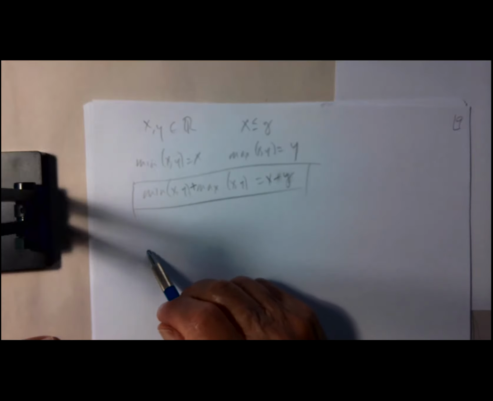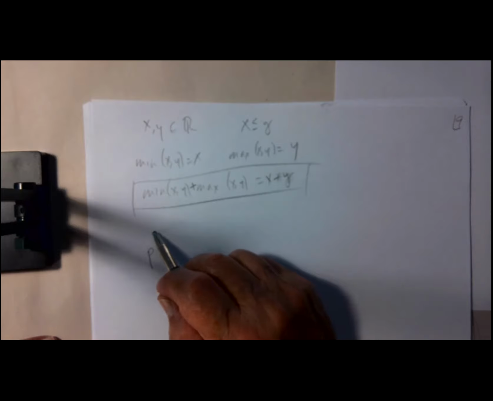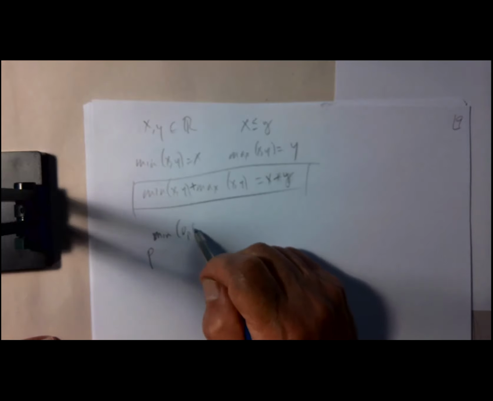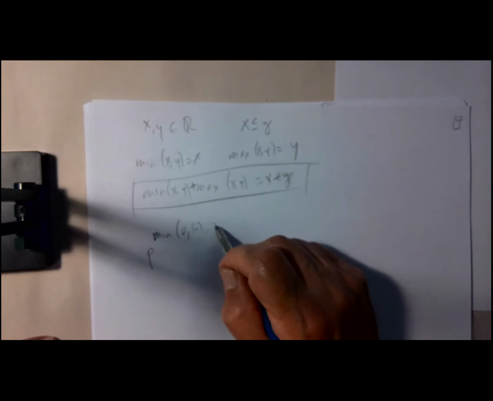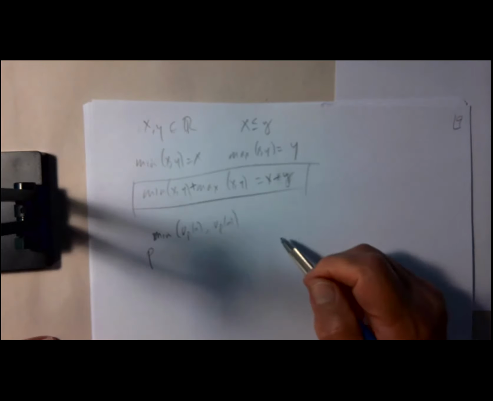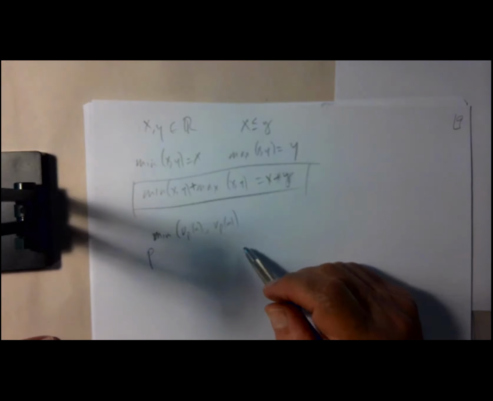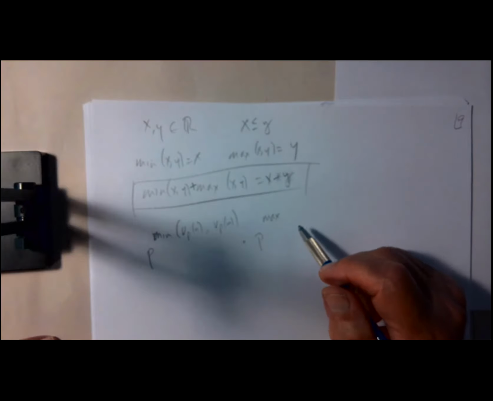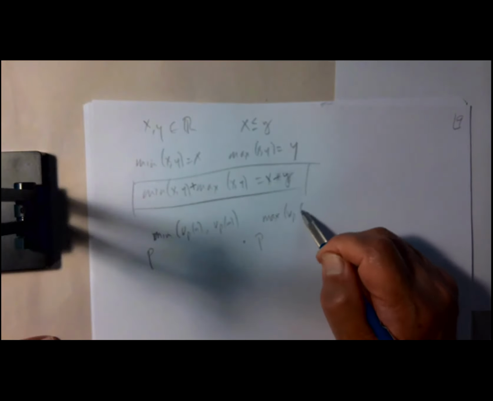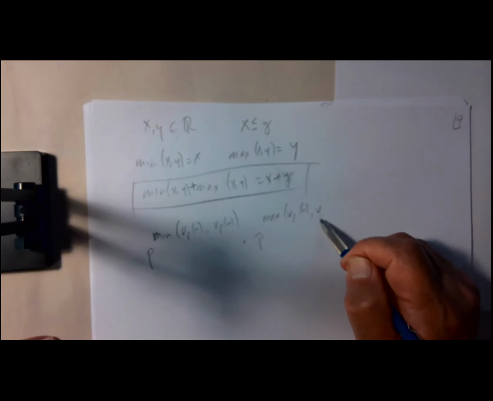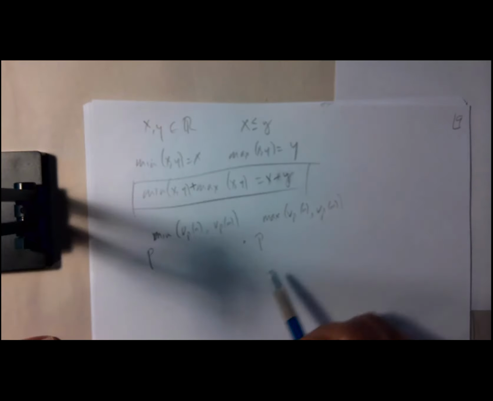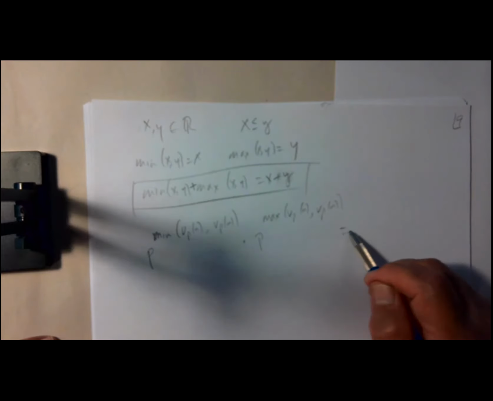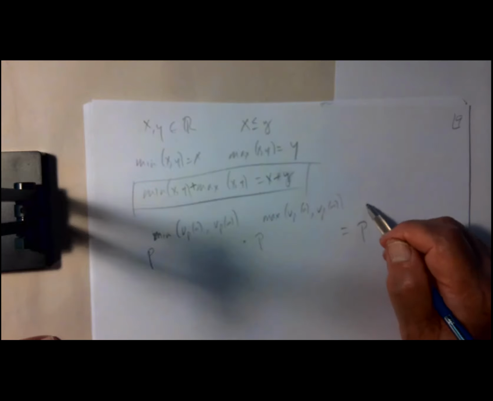So for any prime P, if I have something like P to the minimum of V sub P of N, V sub P of M, times P to the maximum of V sub P of N, V sub P of M. By the rules for exponents, P to a power times P to a power is P to the sum of the powers.